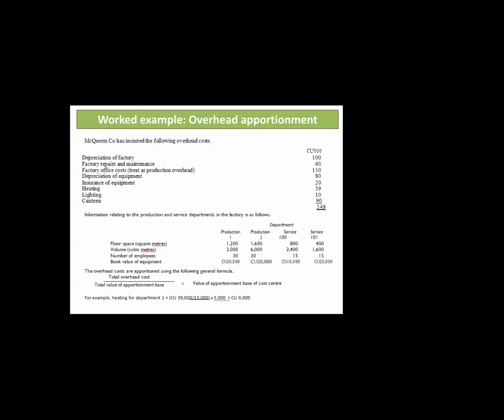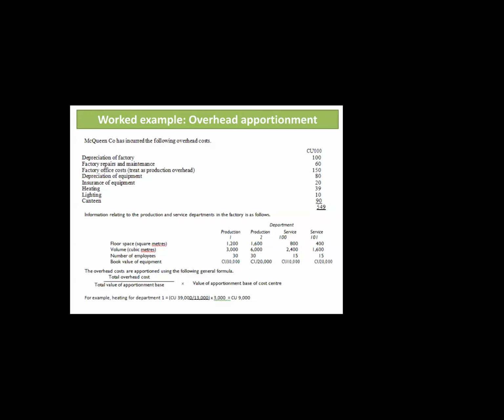Floor area: production 1, production 2, and the service divisions coded service 100 and service 101. Floor area of production 1 is 1200, production 2 is 1600, service 100 is 800 and service 101 is 400 square meters. Volume in cubic meters, number of employees and book value of equipment are given here.